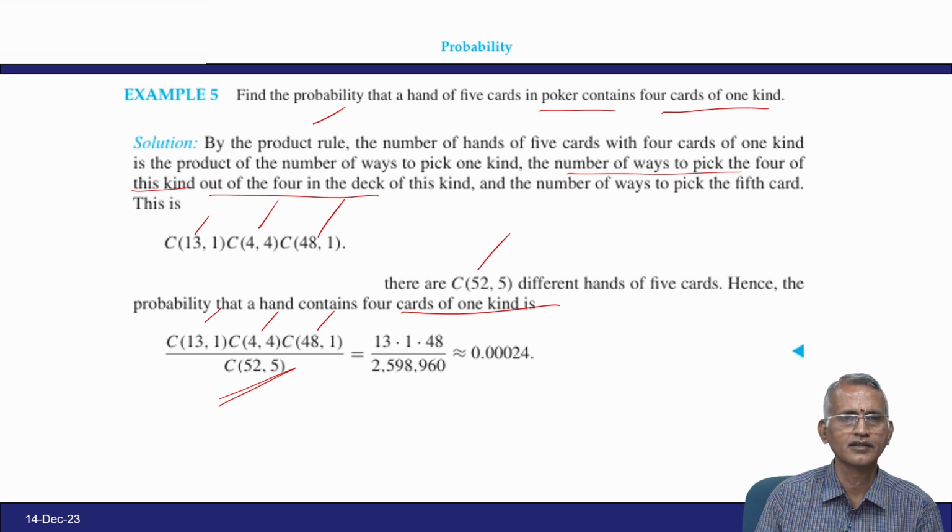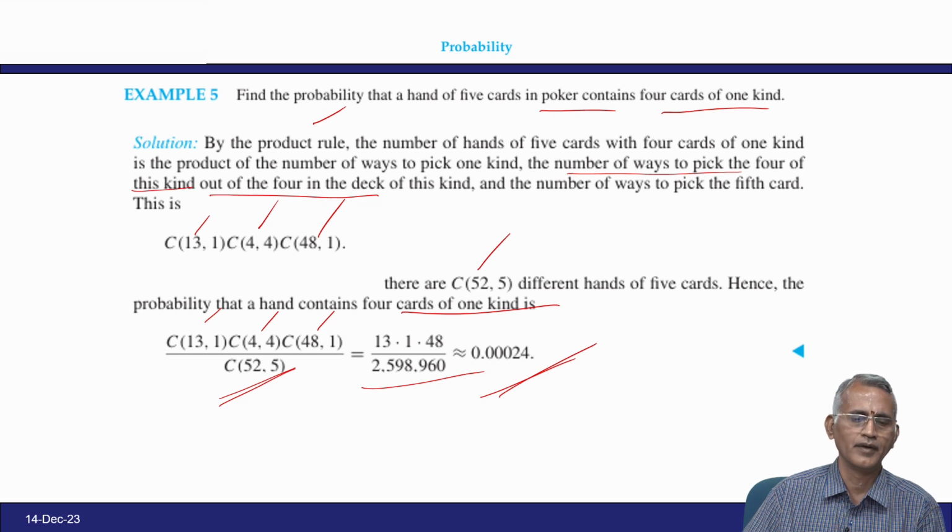Therefore, the result is 13 into 1 into 48 divided by 2598960, which is approximately equal to 0.00024. So, this way we can find the probability that a hand of 5 cards in poker contains 4 cards of one kind. So, this is the value of the probability.